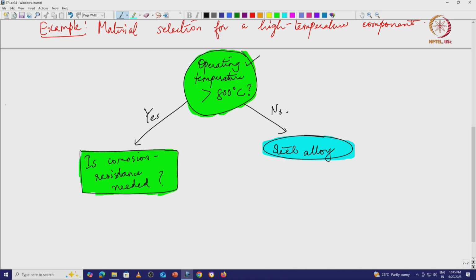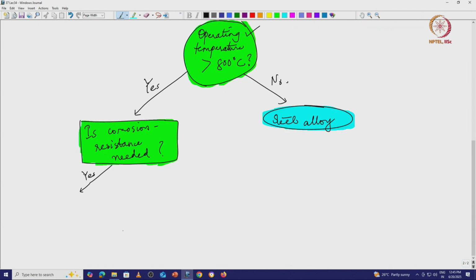Here we are asking the next question: is corrosion resistance needed? If it is yes, we have a nickel based super alloy, that is what we are going to use.